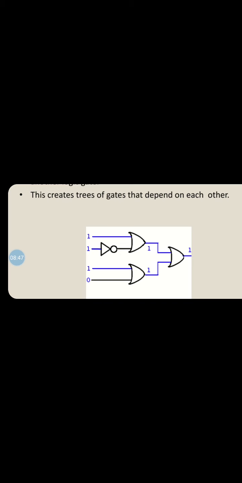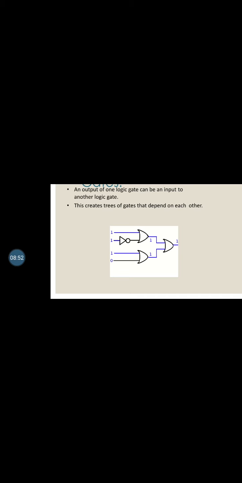Then 1 0 for the second OR gate gives output 1. So the 1 1 input gives output 1. The simple example or reflection point of the inverter gate is that a single input 1 gives NOT, which outputs 0. Then again 0 given to the second NOT gate gives 1 as output.